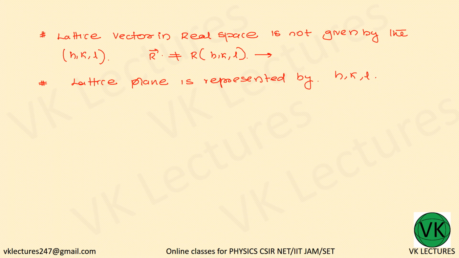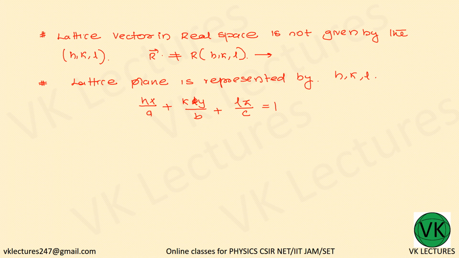As we know, the formula goes like this: hx by a plus ky by b plus lz by c equal to 1. So this is the lattice plane which is represented by HKL.